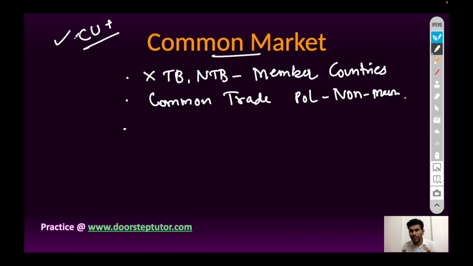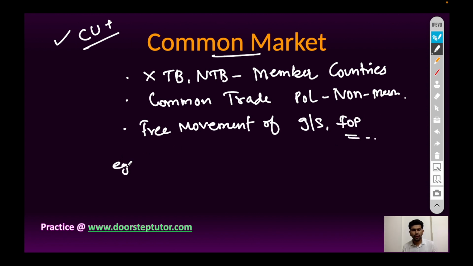Customs union talks about only movement of goods, but common market also includes free movement of goods, services, and other factors of production, such as capital, people, ideas, technology, etc. For example, Mercosur, wherein Brazil, Argentina, Paraguay, and Uruguay came together to form a common market.